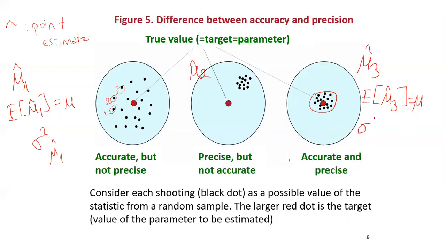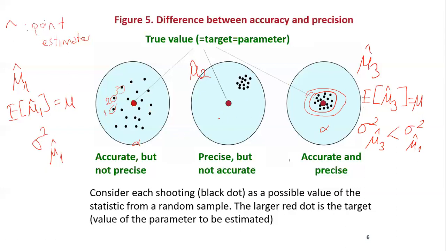But if you compare its variance, mu3 hat's is smaller than the variance of mu1 hat. Why? If you compare these two, you can see that the shots are more scattered around the center compared with the third one. These are much more concentrated around the center. Hence, the variance of this estimator is smaller than the first one.